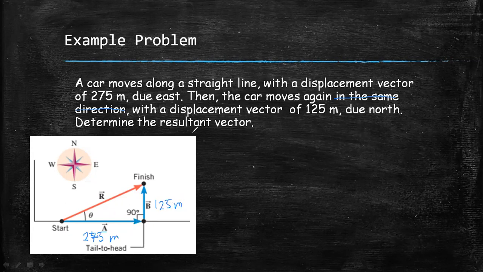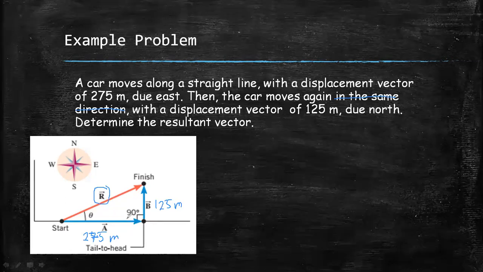And we are looking for the resultant vector, vector R. So doing the tail-to-head fashion from starting point to finish line, this is our displacement vector. As we can see in the figure, we have a right triangle. Therefore, trigonometric functions are applicable in solving this one.